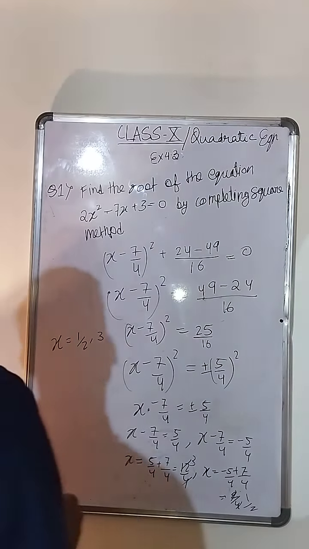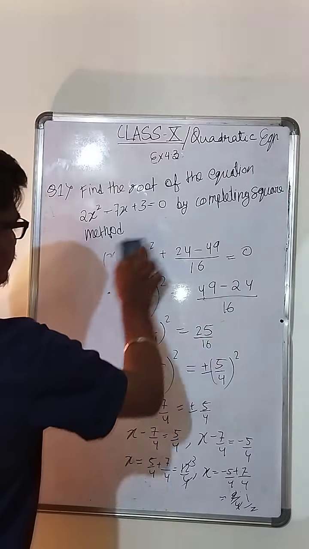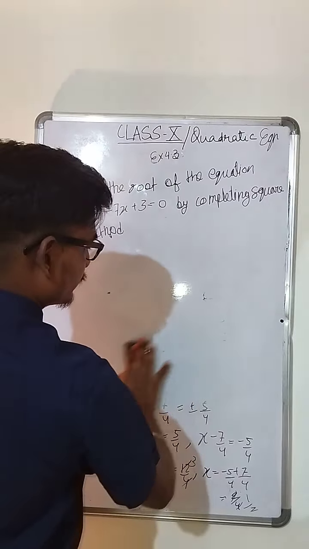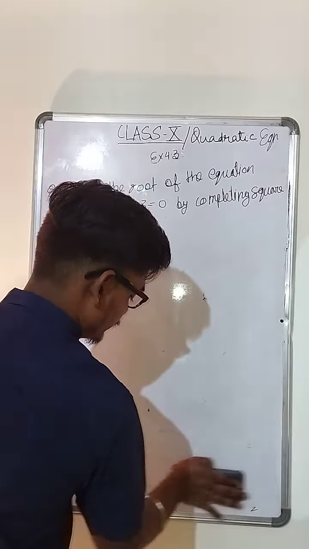So let's see another example. 2x square plus x minus 4 equal to 0.